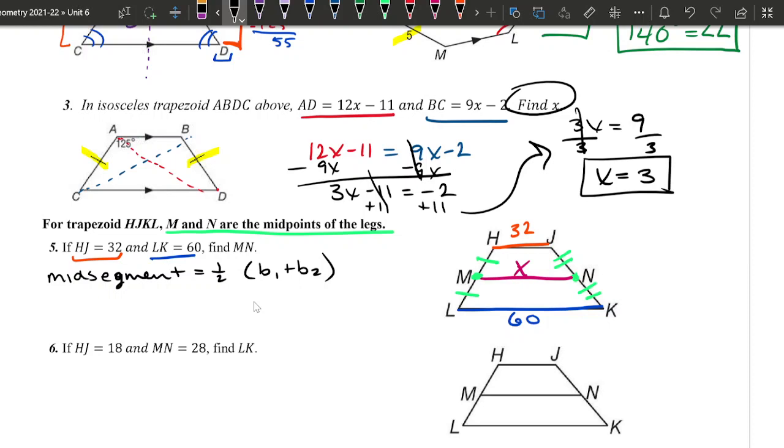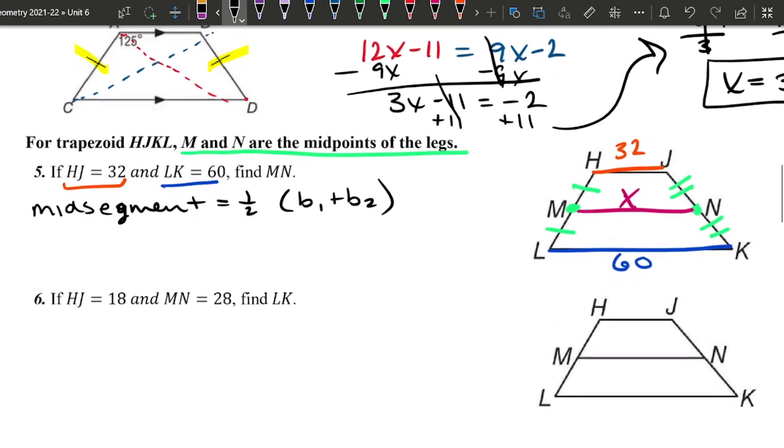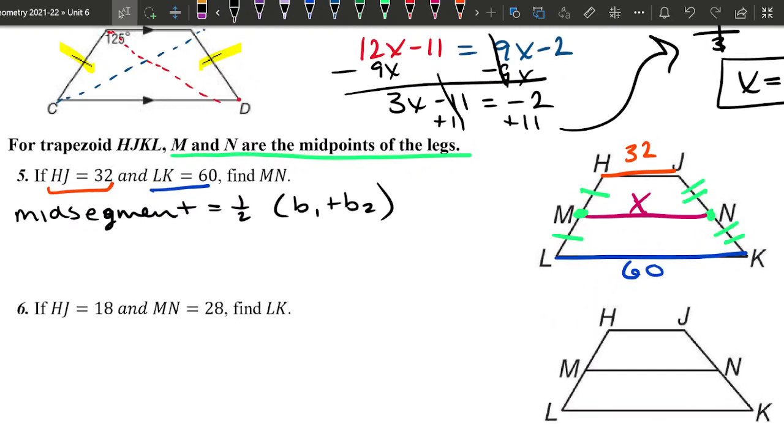All right, so if we look at the picture and we plug in to the variables, so the mid-segment, that's X, that's the piece in the middle from M to N. So X equals 1/2 of B1 plus B2. It doesn't matter which one you call B1, B2, as long as it's the parallel pieces. So I'm going to call 32 my B1.